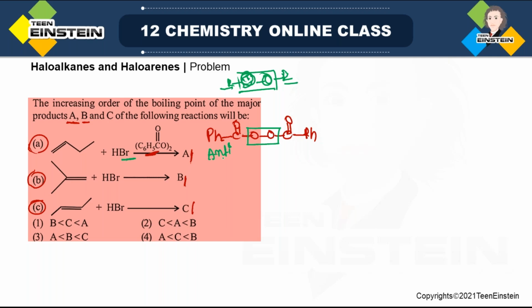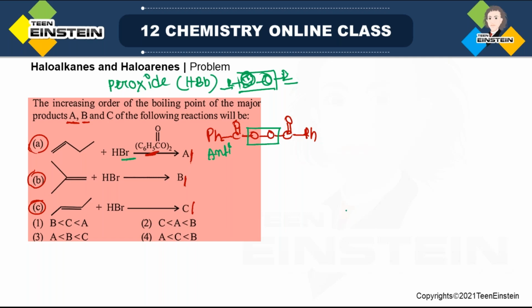And remember, this is known as the peroxide effect, and the peroxide effect is only applicable for HBr. If it is HCl or HI, whether you use peroxide or not doesn't matter. It will give you anti-Markovnikov only for HBr. Okay.